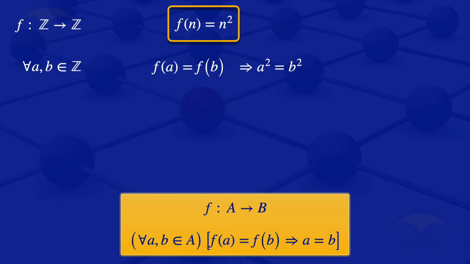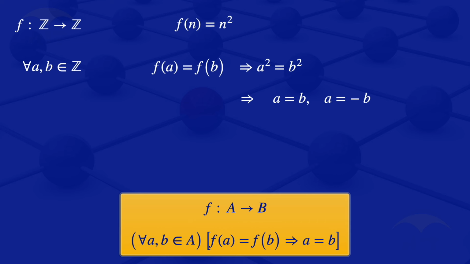We now go on and solve for a. In this case, we take square roots on both sides, and we'll have that a is equal to the square root of b squared. When we take those square roots, we know that it will give us plus or minus b. So a is equal to plus or minus b, that is a equals b, or a equals minus b.